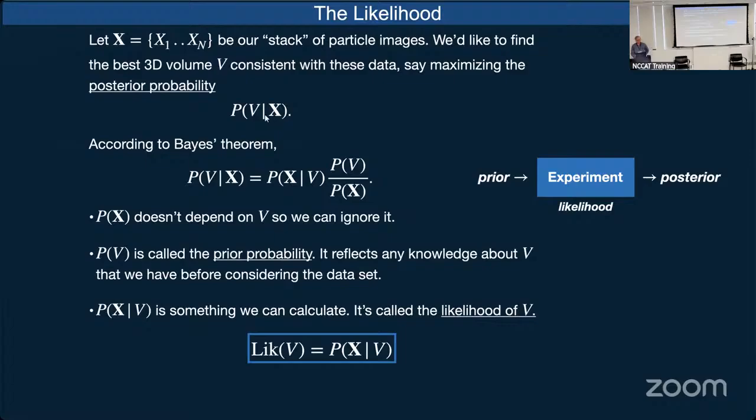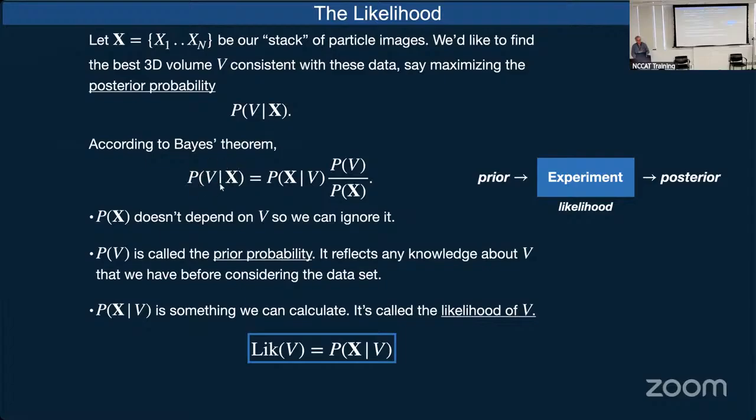And what we would like to do is change the number in each voxel of a 3D map to make the best volume consistent with my entire data set of images. And so we'd like to optimize this probability.